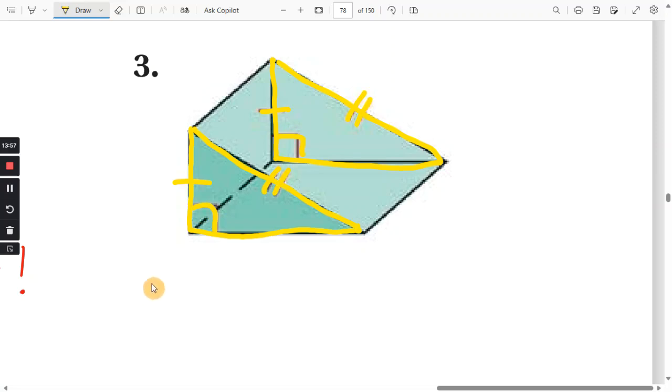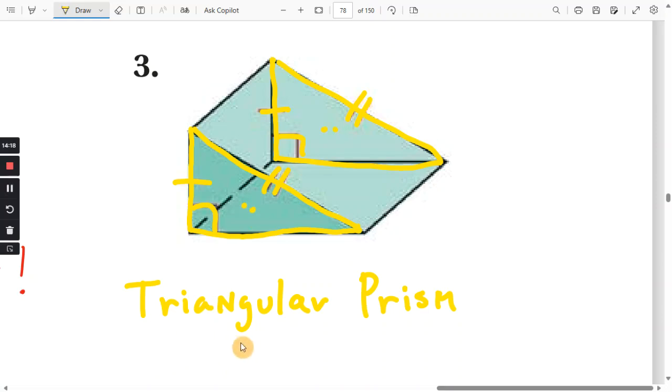So this is definitely a triangular prism. Okay, the pyramid, they all meet at a point, but the prism has the same base, matching bases, okay? So those are both triangles, and that's why it is a prism.